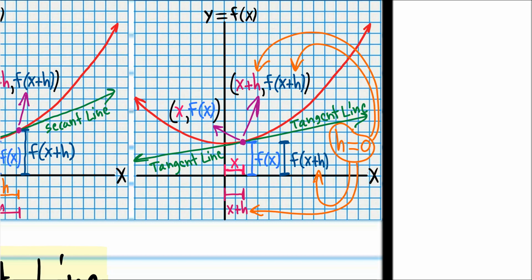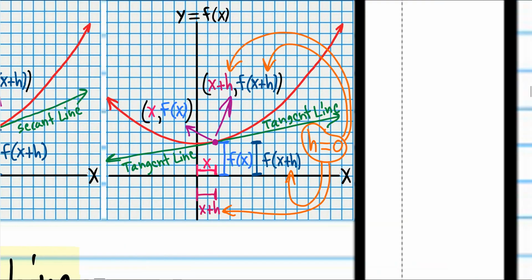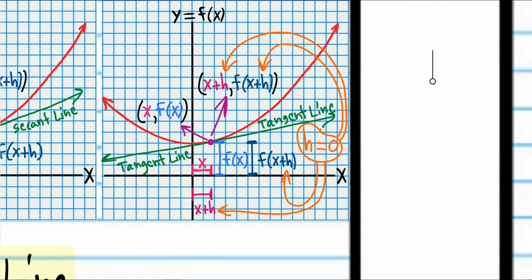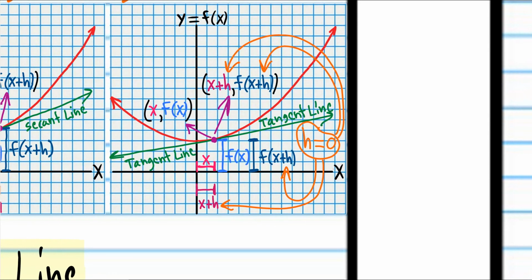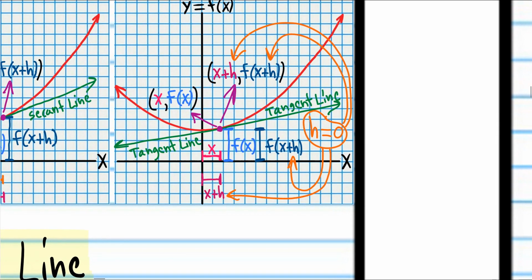But you can just think of the tangent line as the line that touches the graph at only one place around this point. If we tried to get more specific, then we would go into what we're about to talk about, and that would get a little confusing. So again, you can just consider the tangent line to be the line that touches the graph in one place around this area here.